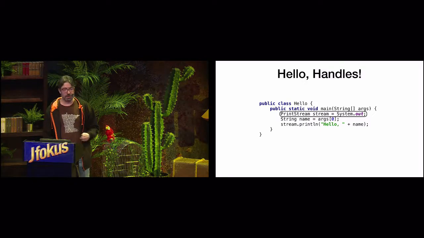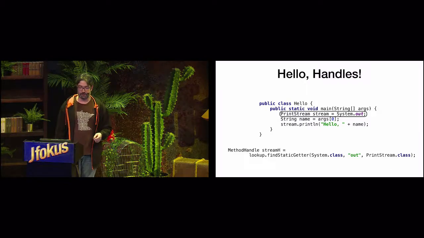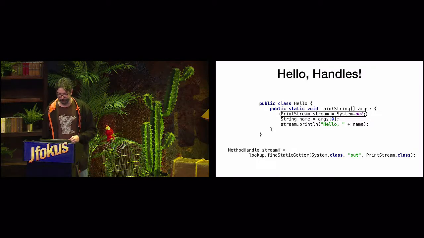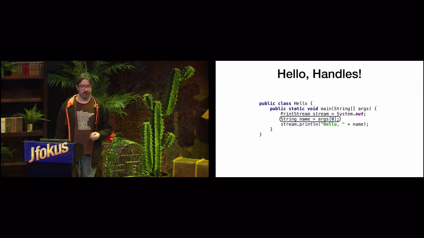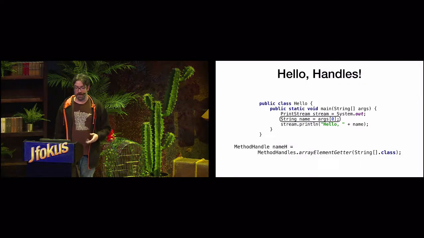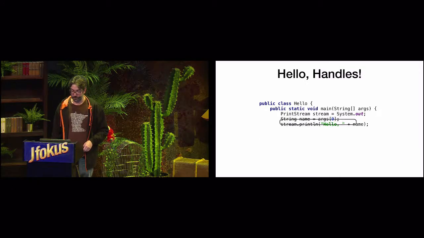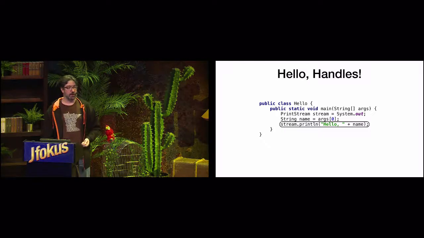So first of all, we've got our system out. We saw this earlier, find static getter, the out field on the System class, which is a PrintStream. Here we have an array access. So we do an array element getter. The array element getter gives us a method handle that takes the array and an index, and then it will always return the result. Down here, we've got the println call.